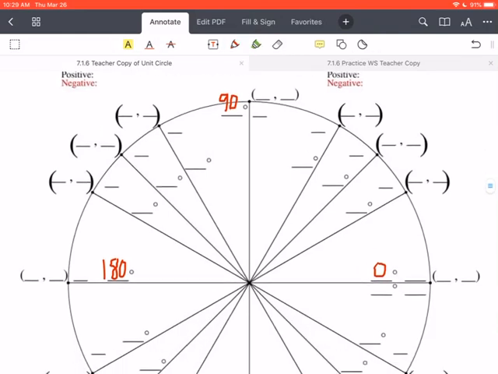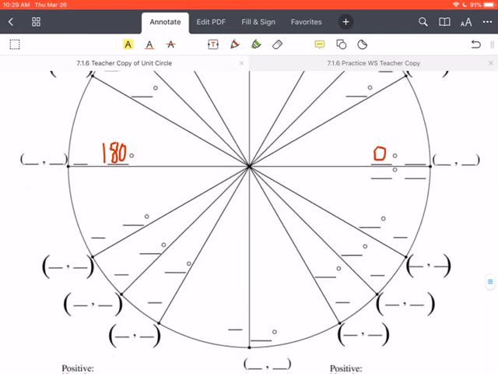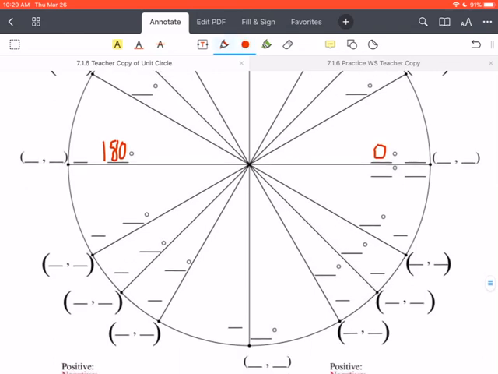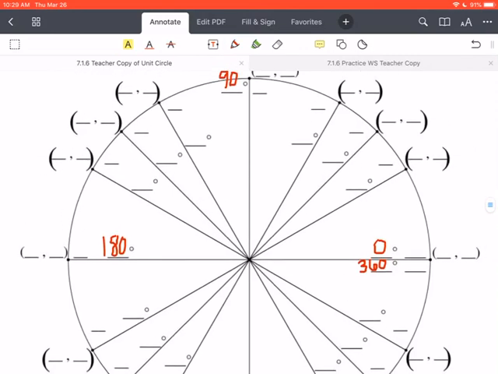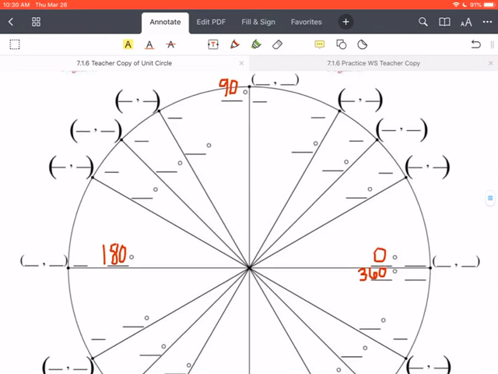And then if we scroll down and we add 90 to 180, we are going to be at 270 degrees. From there, we add 90 more, and how many degrees are in a full circle? All of us know this from geometry. We have 360 degrees.